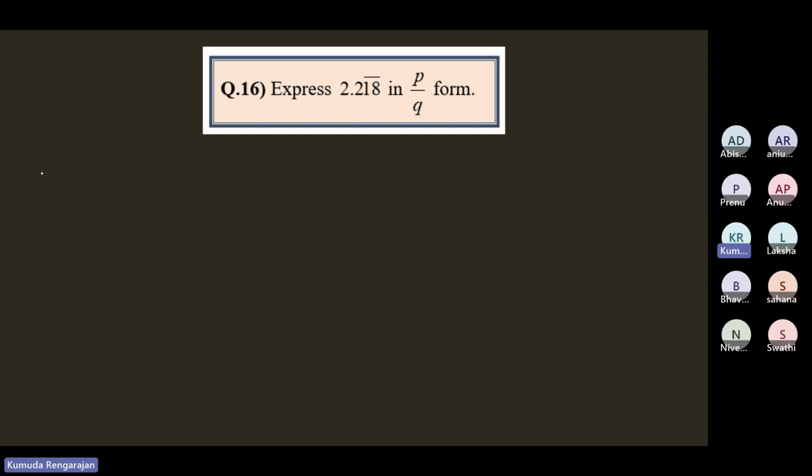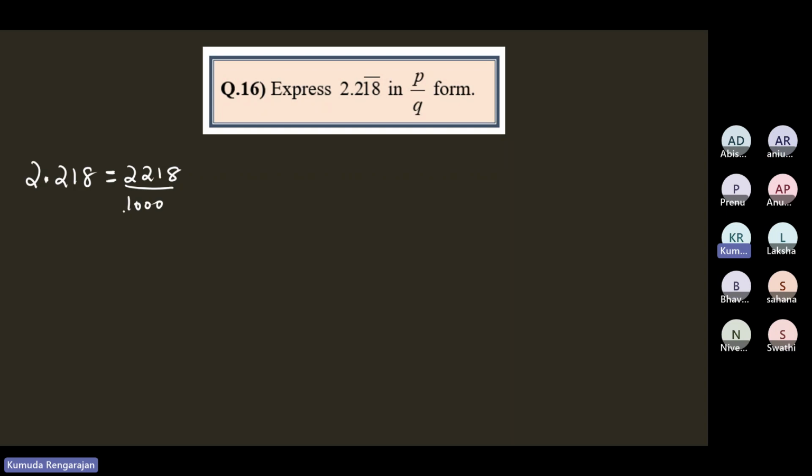Yes, Anirudh, what is 2.218, Anirudh? No, I'm asking you something else. Please listen to the question carefully. What is 2.218 equal to? The P by Q form. Ma'am, in the P by Q form, 2.218 is 2218 divided by 1000.